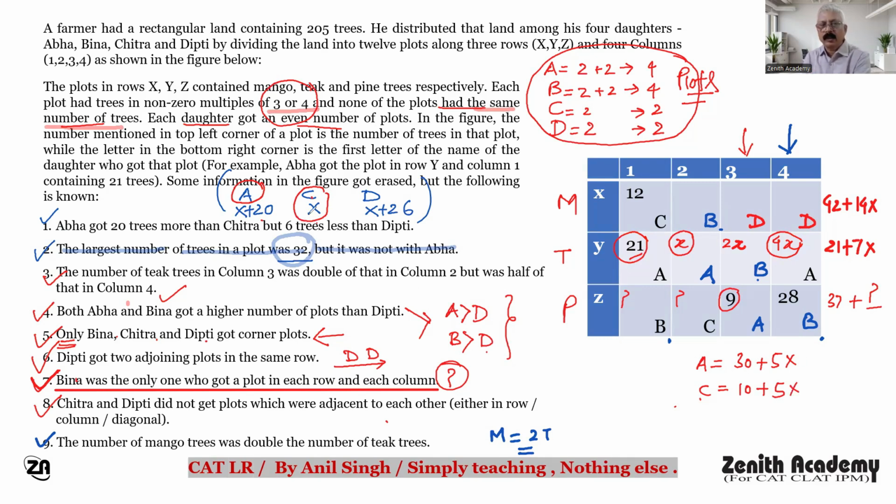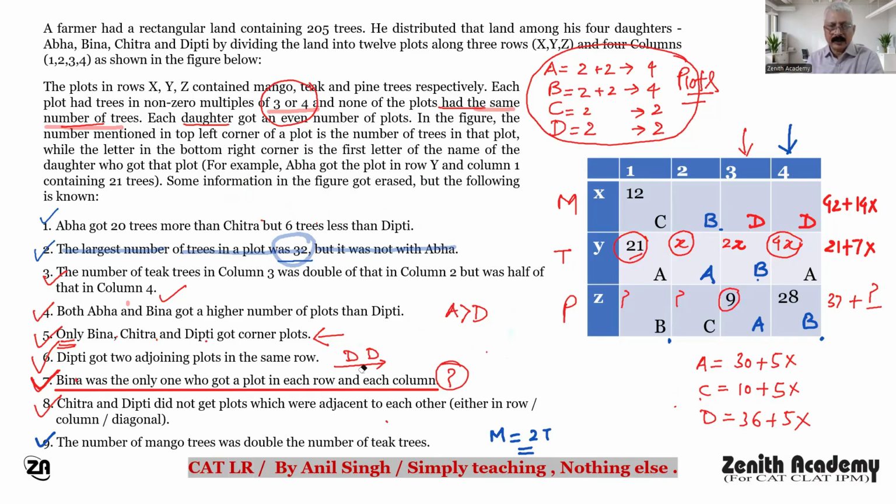This is the importance of this information. And for Dipti, it is 30 plus 6, so 36 plus 5x. This condition is satisfied here, so we can remove it.